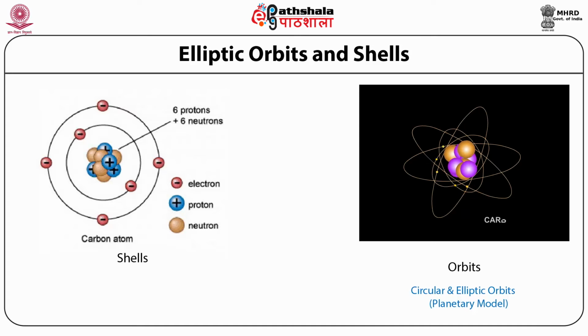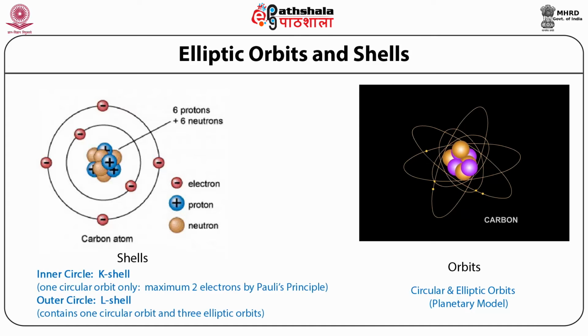You can see clearly that the K shell can accommodate 2 electrons, and the L shell can accommodate the remaining 4 electrons for a carbon atom, because the carbon atom has 6 electrons, so two of them are in the K shell and the remaining 4 in the L shell, because the L shell can accommodate up to 8 electrons.